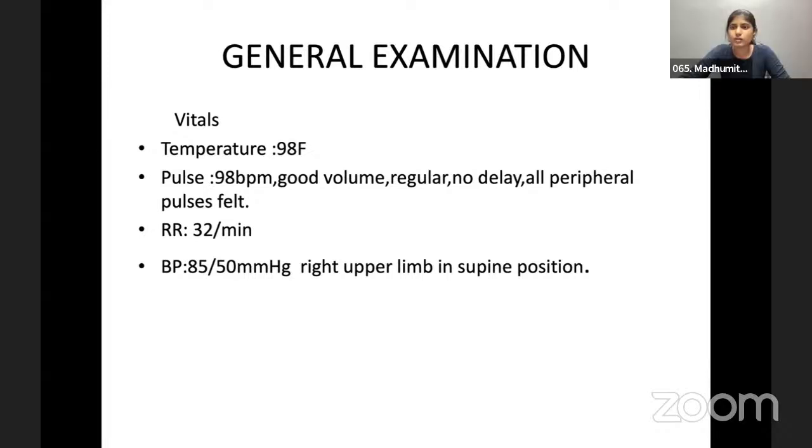Both will have breathlessness, tachypnea, tachycardia, especially in a child like this. So what is the key clinical sign or marker to differentiate hypovolemia from hypervolemia?